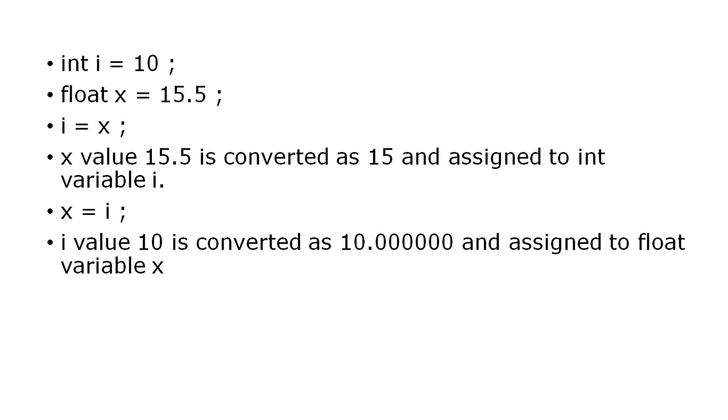If we assign i equals x, the value 15.5 is converted to 15 and assigned to integer variable i. Then x equals i, the value is converted into 10.000 and assigned to float variable x. This is an example of implicit type conversion.